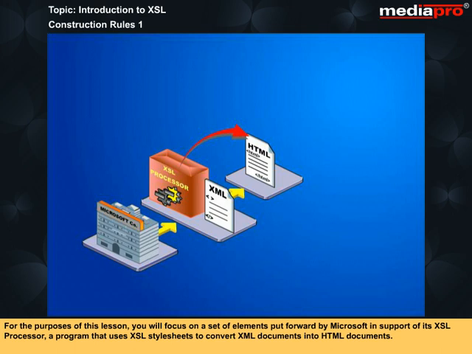For the purposes of this lesson, you will focus on a set of elements put forward by Microsoft in support of its XSL processor, a program that uses XSL style sheets to convert XML documents into HTML documents.